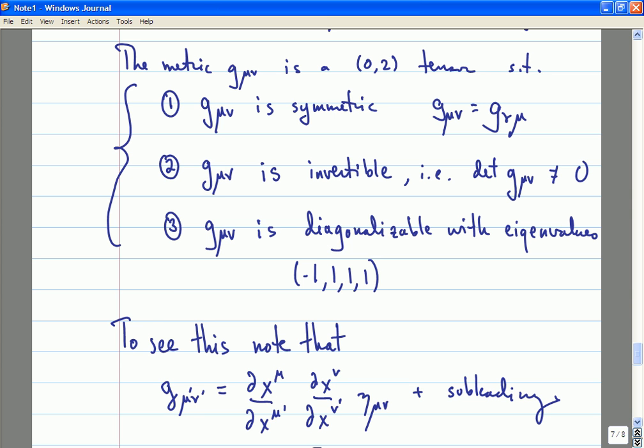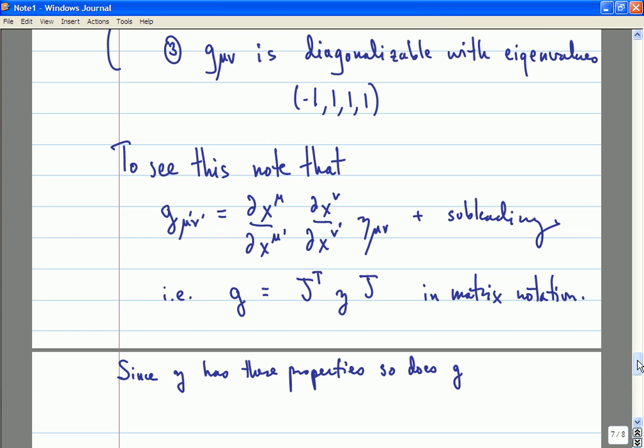So this third property, namely that the metric is diagonalizable with eigenvalues minus 1, plus 1, plus 1, and plus 1, actually has a special name.